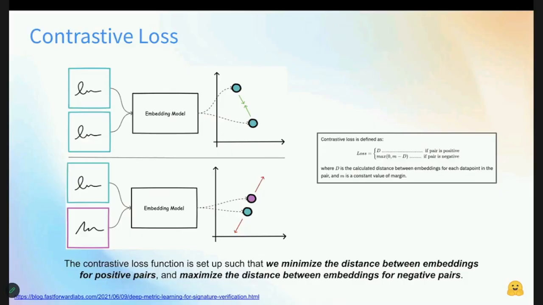The way that this learning is done is there's a few different common loss functions for this. Probably the most common and easiest to understand is contrastive loss. There's also things like triplet loss and hard negatives, but we'll stick with contrastive loss. And again, the general idea here is, so imagine these are documents, not signatures.